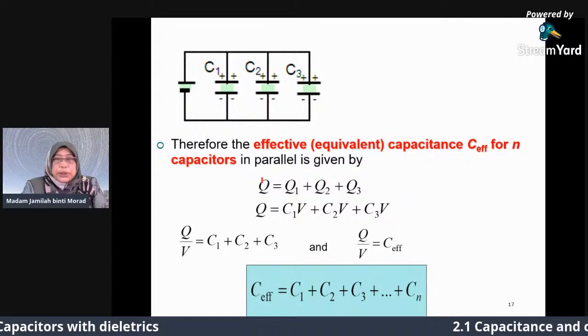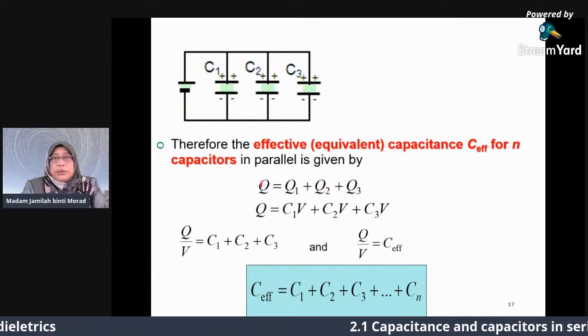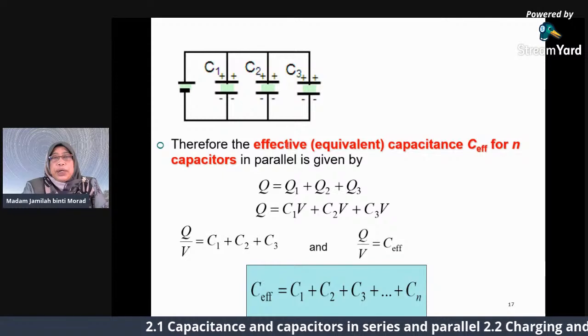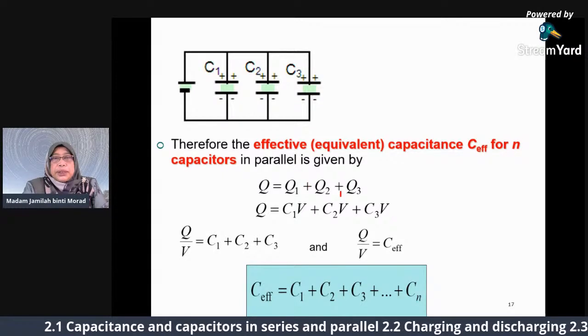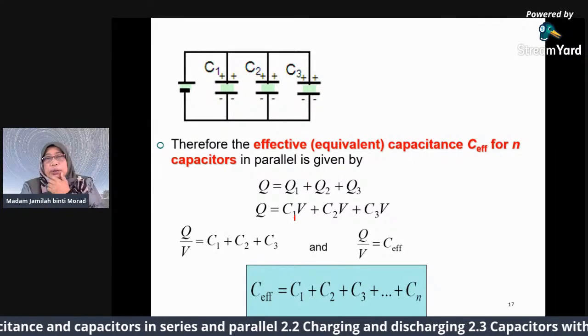By looking into the charge, the total charge Q equals Q1 plus Q2 plus Q3, and then you substitute.